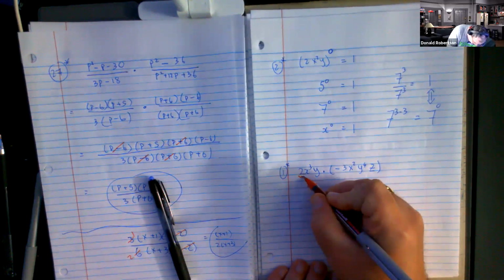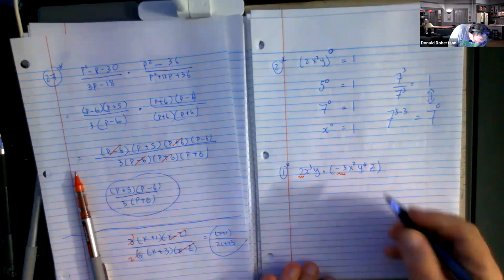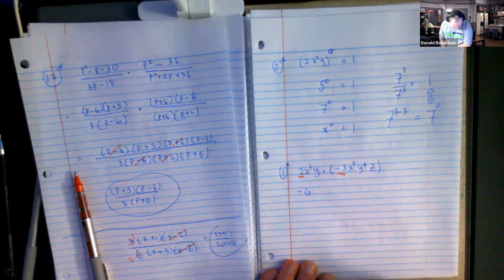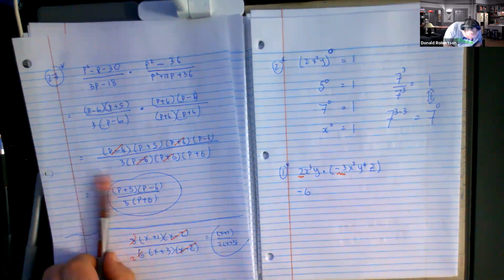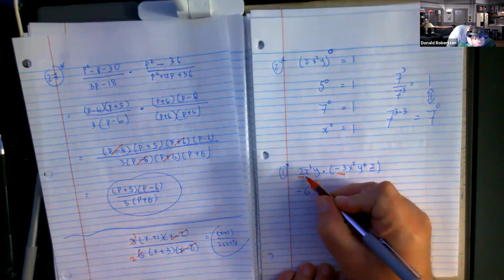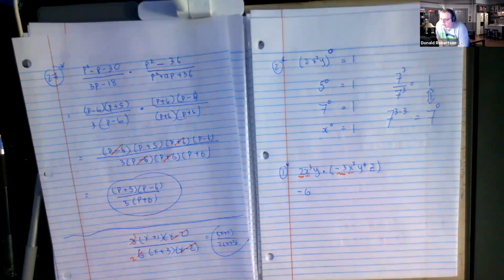That 2 can be multiplied by that negative 3. And when I do that, I get the number negative 6. You happy about that bit? If I look a little bit further, can this x cubed get multiplied by this x squared? Now be careful. If you multiply x cubed by x squared, don't you just get x to the power of 5?